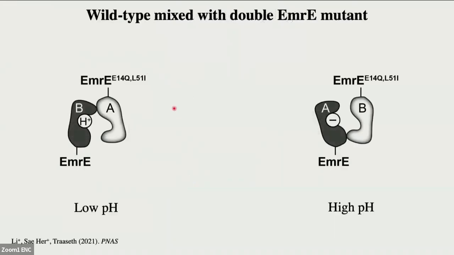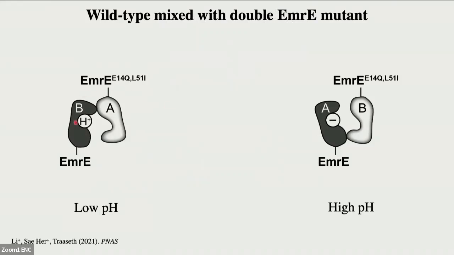And the idea is that the L51I would have a predominant effect at the low pH values in biasing the conformational equilibrium. But once we deprotonated the only glutamate 14 in the sample at high pH values, then that mutant would have the larger conformational preference.